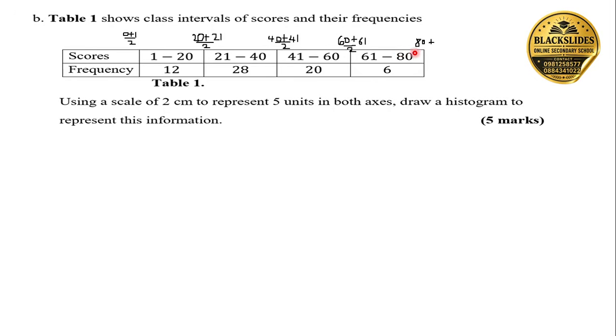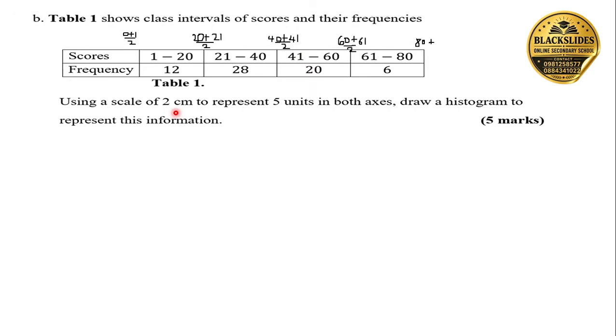Just add to 80 to have the last value. So this is going to give you 0.5, this is 20.5, this is 40.5, this is 60.5, then you have 80.5. So you plot the frequencies against these values.